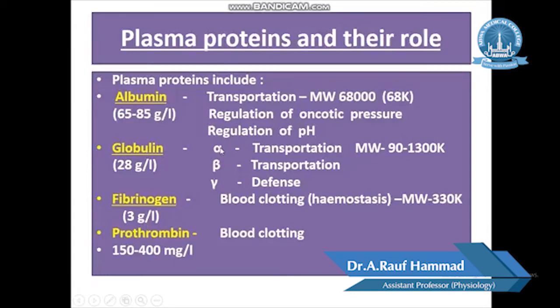Alpha globulins are also meant for the transportation of hormones or chemicals, and their molecular weight is 90 to 100 thousand to 1300 thousand. Beta globulins are also for the transportation of hormones, and the gamma globulins are meant for the defense of the body, like immunoglobulins. Immunoglobulins are the gamma globulins.